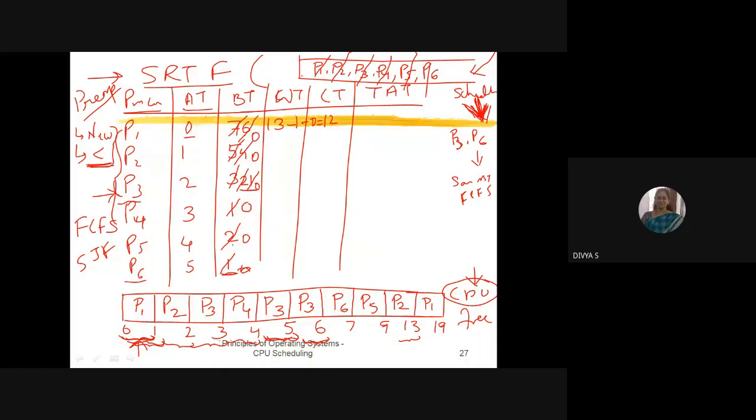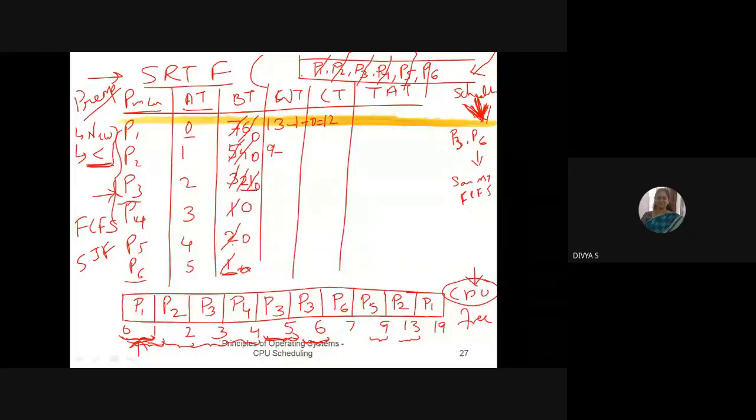Now the turn comes to P2 process. How many times does P2 occur? 2 times. Okay? The same case applies for P2 process as well. First, take the last occurred P2 process waiting time. How much time does it exactly wait to complete its full work? That is 9. 9 minus the previous occurred time interval.